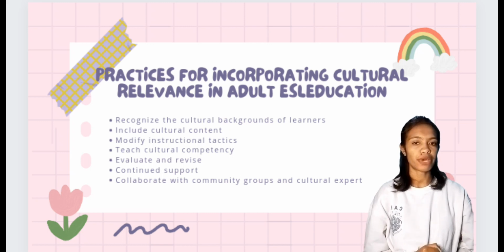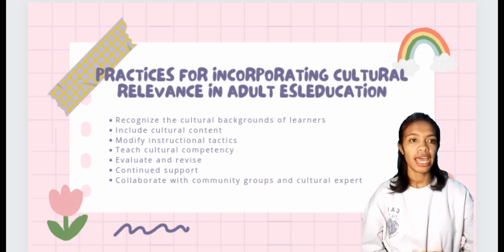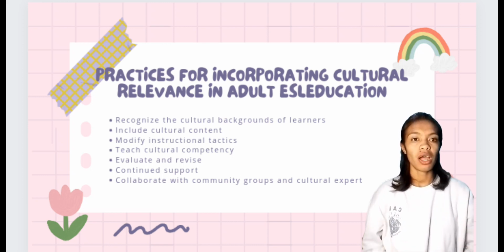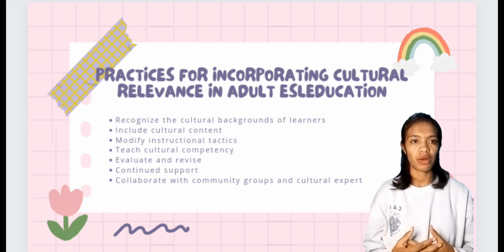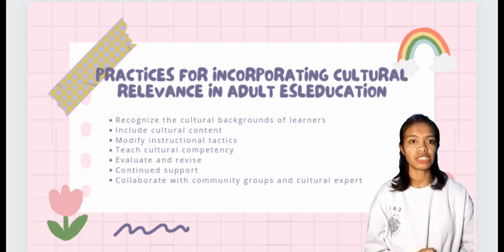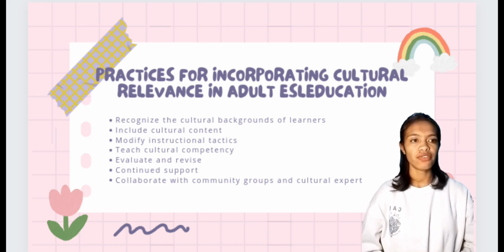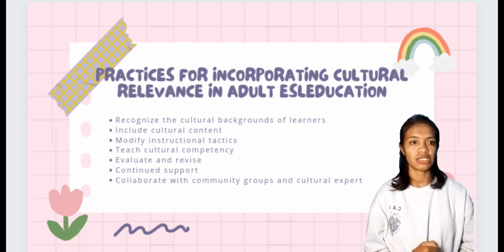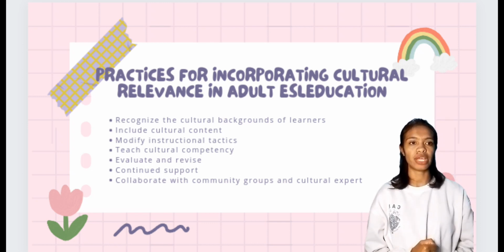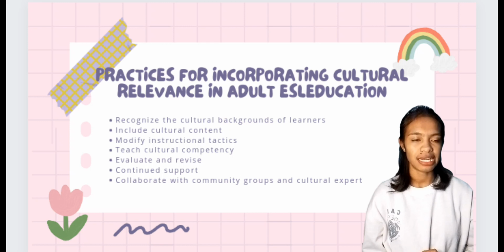Practices for incorporating cultural relevance in adult ESL education. A welcoming and encouraging learning environment that caters to the needs of students from a variety of cultural backgrounds can only be achieved through the integration of cultural relevance into adult ESL instruction.